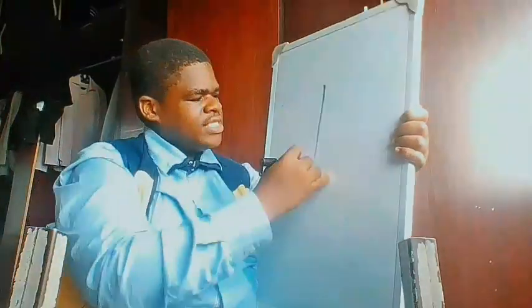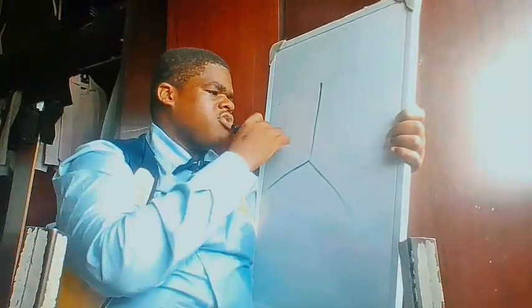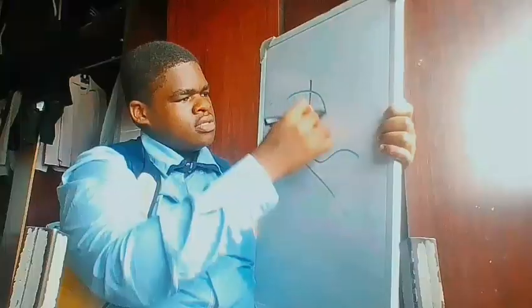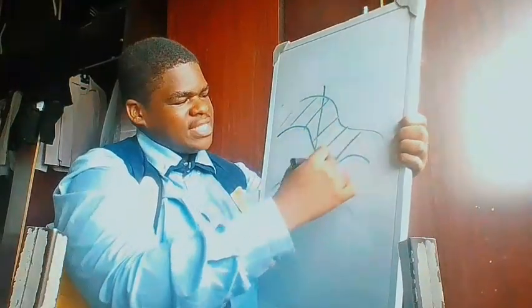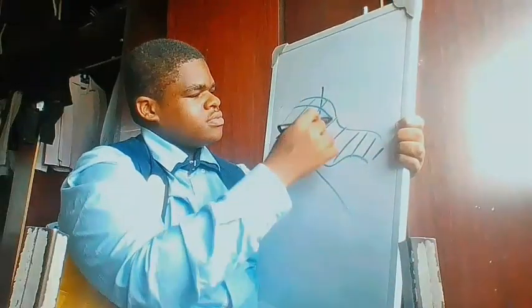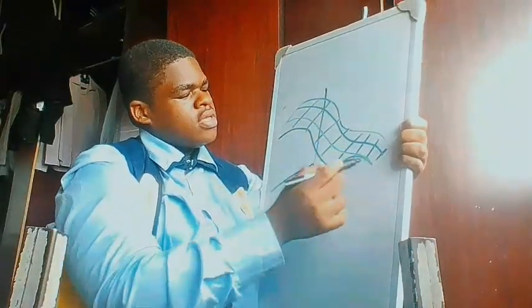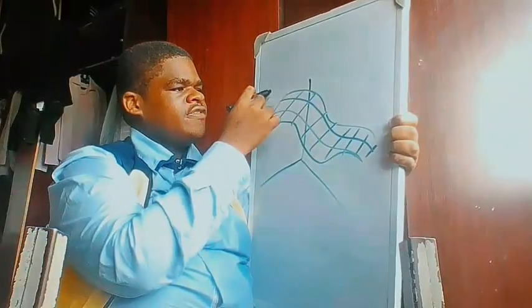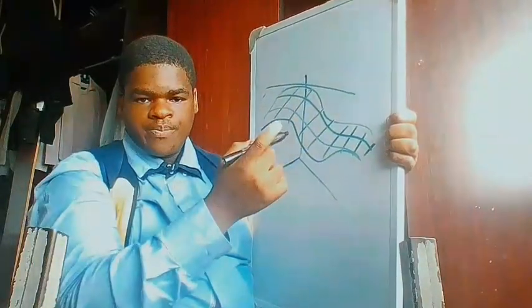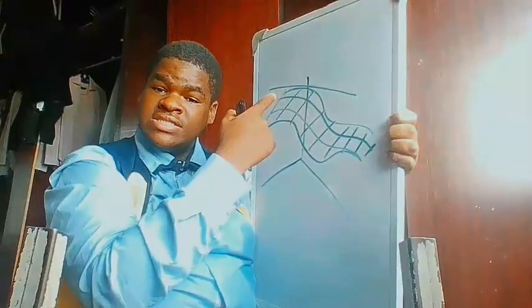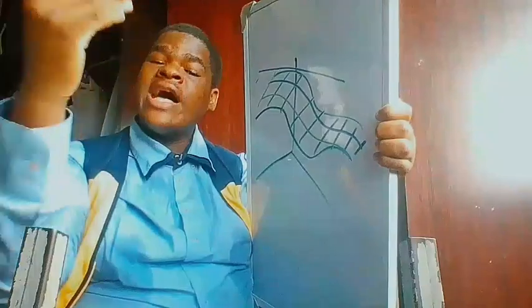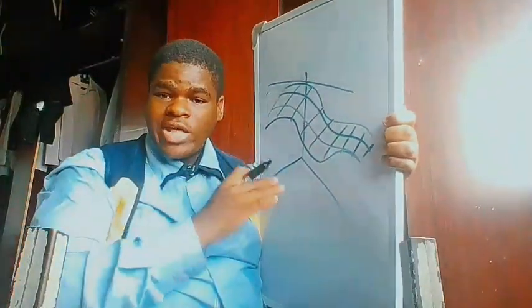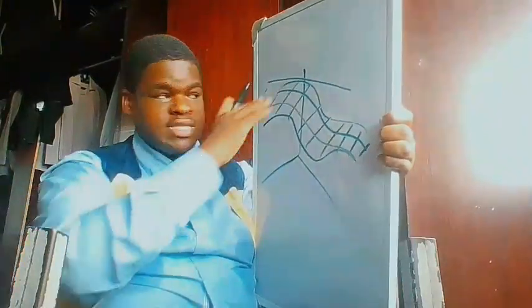So now, this gradient, the gradient of a scalar, basically, let us say you have a graph, a surface like this. They normally draw them as a net, like this. Now, this thing gives you the line vector that is tangent to this surface. That is basically the gradient.